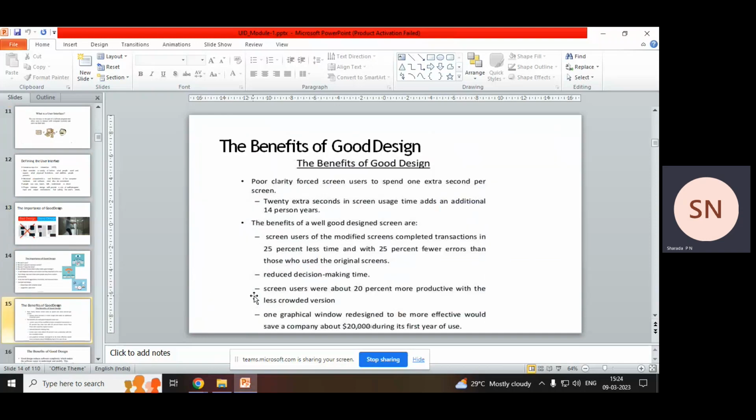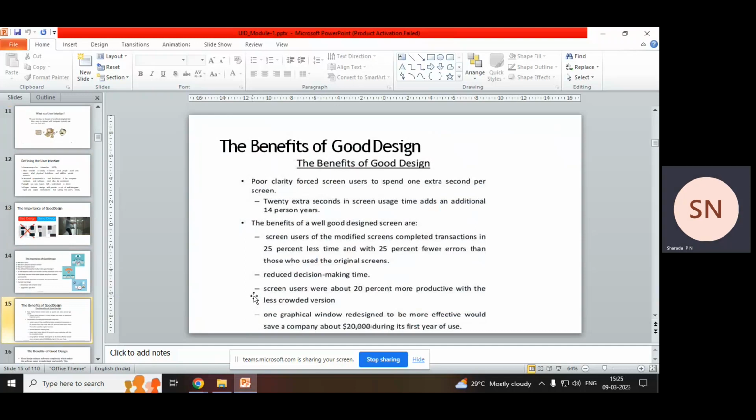Next we will go to the benefits of good design. The benefits of a well-defined screen have been under experimental scrutiny for many years. In one piece of research, attempting to improve screen clarity or readability made the screen less crowded.